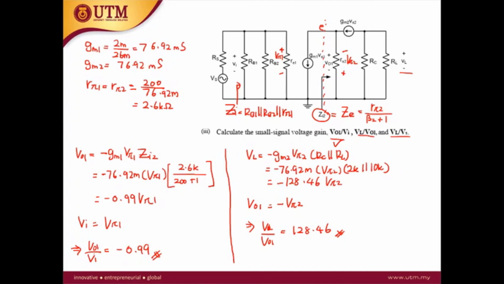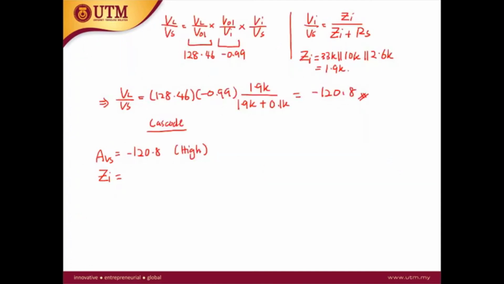So actually ZI2 is about 12 ohm. So 1.9K is a moderate value.